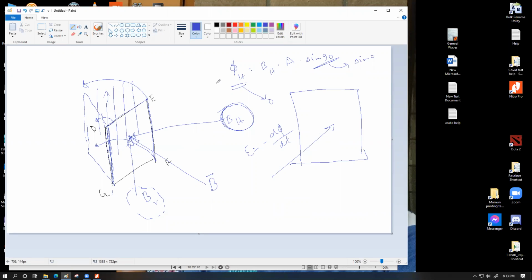Well, the key part that is important is that because of this whole rotation, we're going to have an EMF generated across DG and EF. We're also going to have an EMF generated across DE and FE as well, because these parts are all connected, this is a whole metal frame.